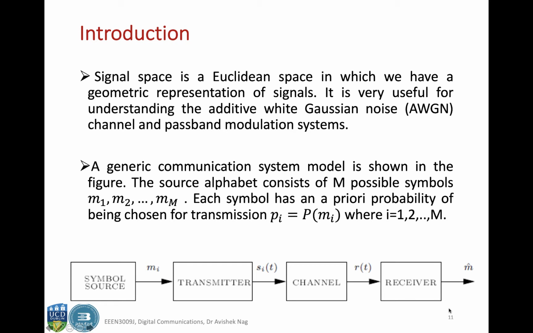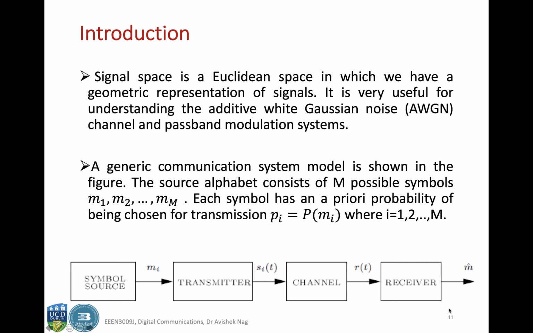Basically, a signal space is a Euclidean space in which we have a geometric representation of the signals, and it is usually used to have a better understanding of the additive white Gaussian noise channel and passband modulation systems.